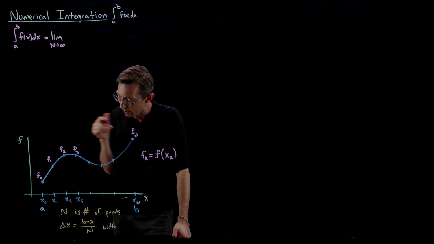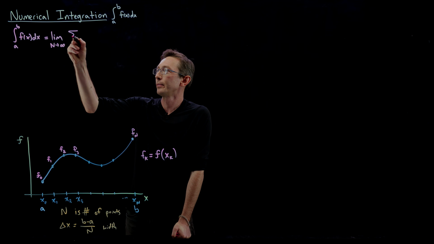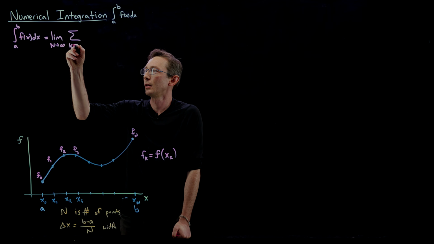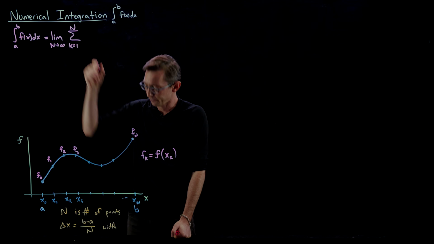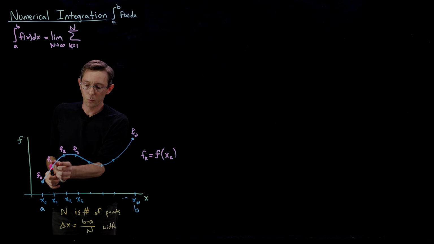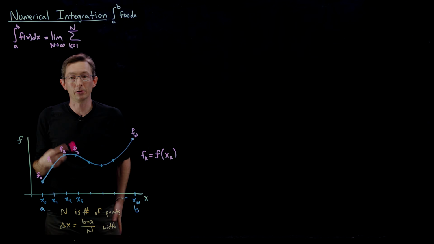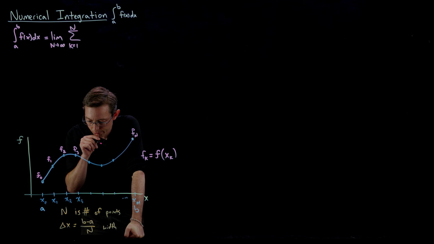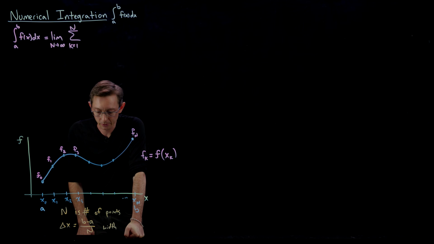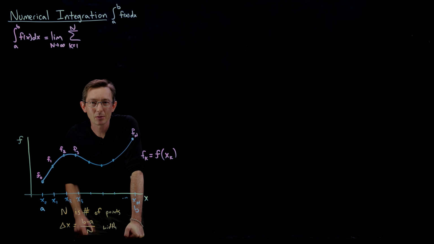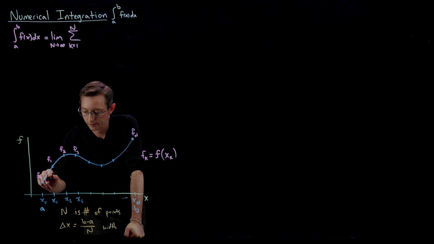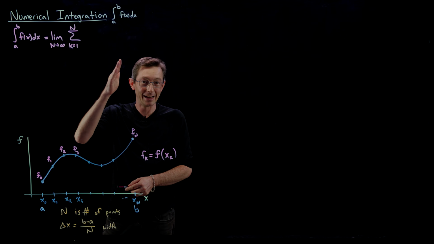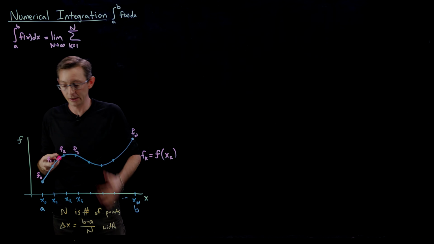Of the sum from k equals 1 to n of the height of these rectangles times the width of these rectangles. The formula that I'm going to derive is for the right-handed rectangle rule, and there are many ways of doing this.